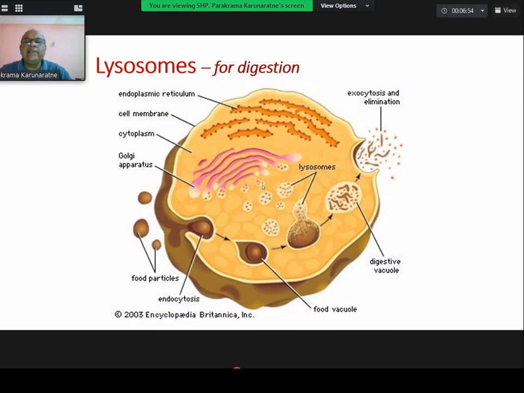So these are the lysosomes you can see here, and these lysosomes can digest things. These lysosomes have powerful enzymes.